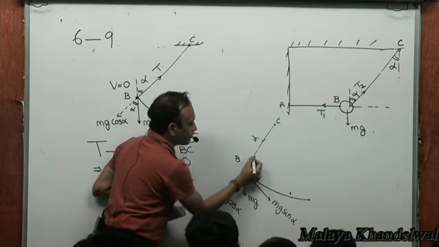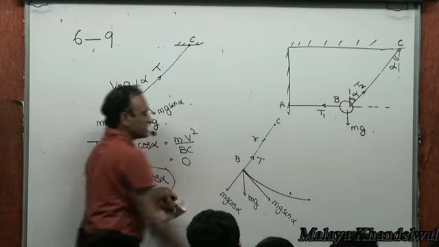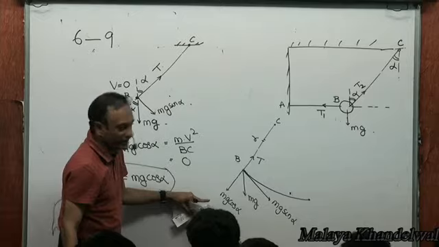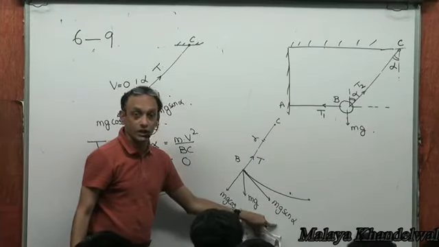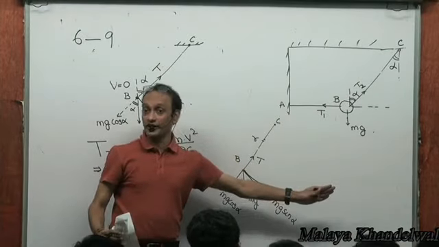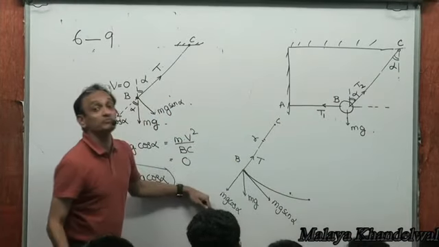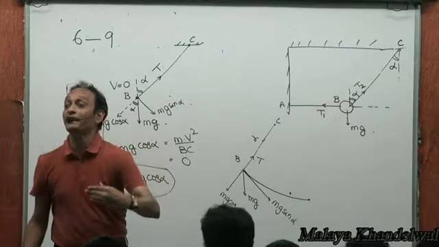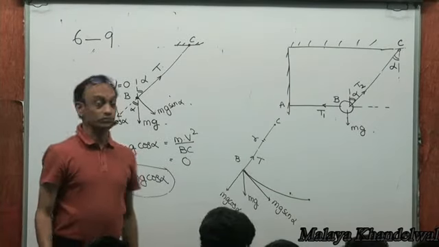The free body diagram of B is T acting in the radial direction, mg cos alpha in the radial direction, and this is the tangential direction. mg sin alpha will cause B to develop velocity in the tangential direction, whereas T minus mg cos alpha would be instrumental in providing the required centripetal force, right?